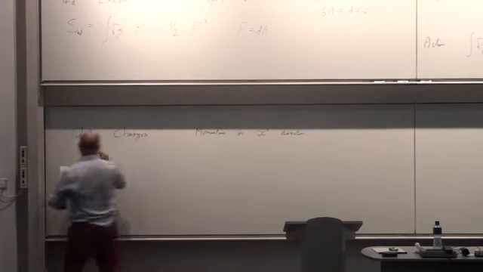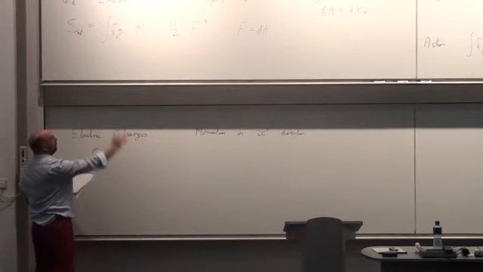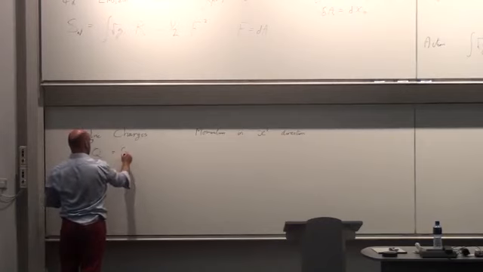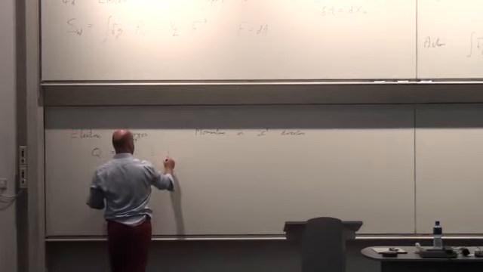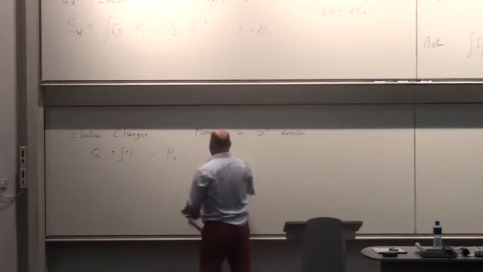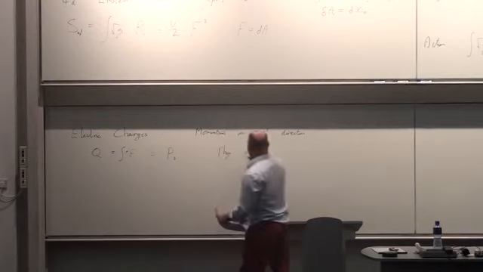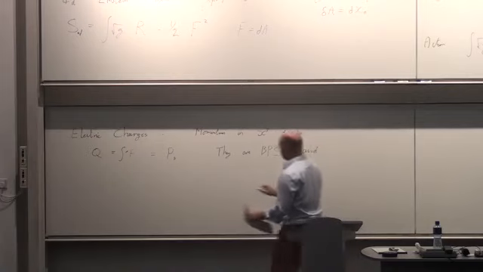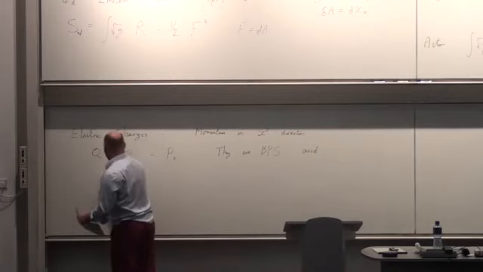And so you can do a quick calculation to show that Q, the charge corresponding to that field strength, which is equal to star F, is equal to E5. And in fact, these charged objects are BPS, and null.